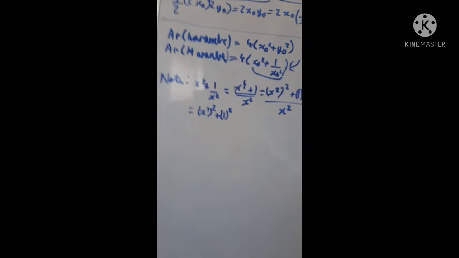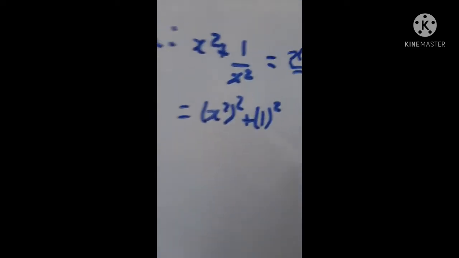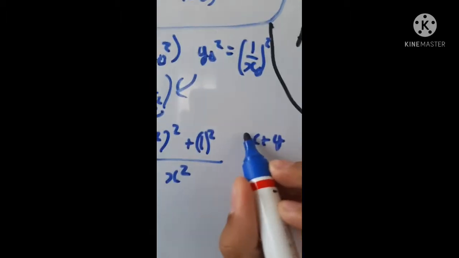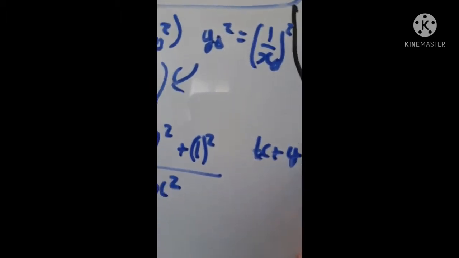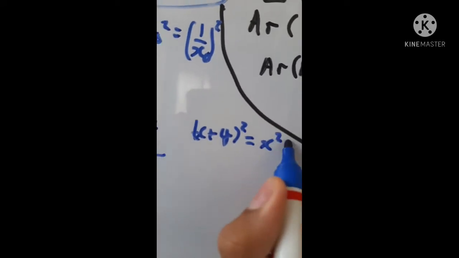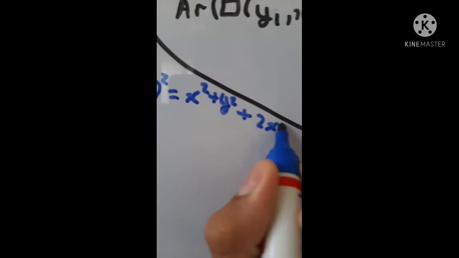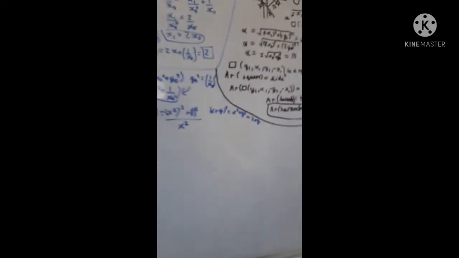Let's see the identity first: x plus y whole squared is equal to x squared plus y squared plus 2xy. We know that's the identity.